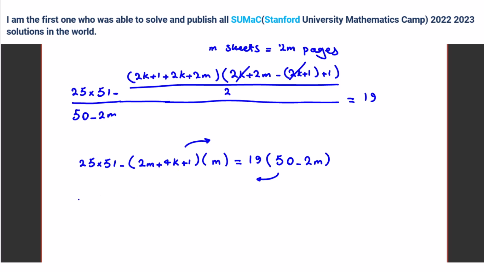Okay, so 25 times 51, 19 times 50 is equal to m times 2m plus 4k plus 1 plus 38 minus 38.